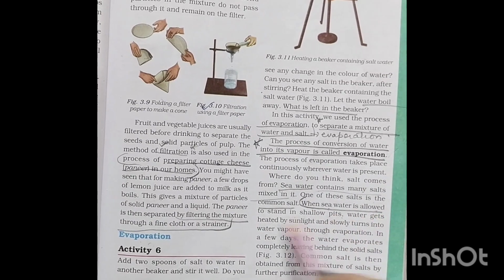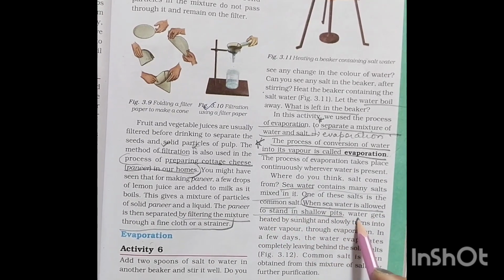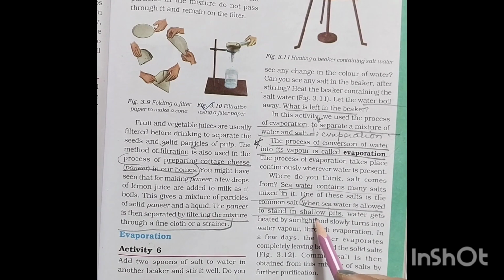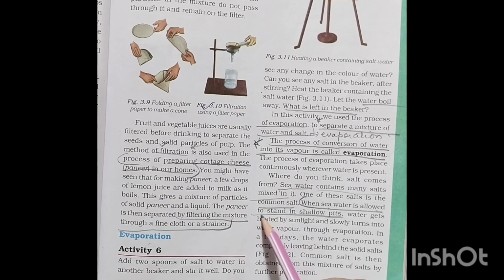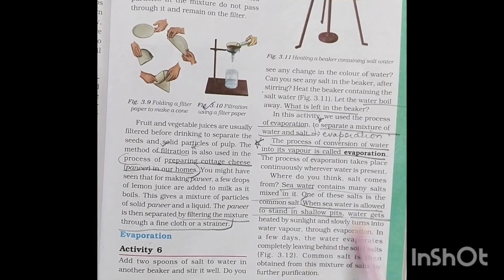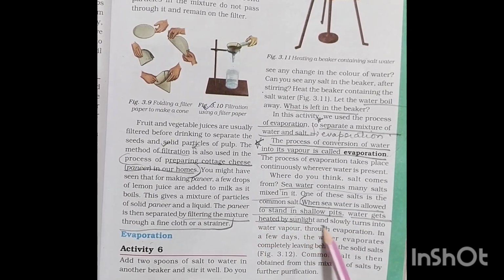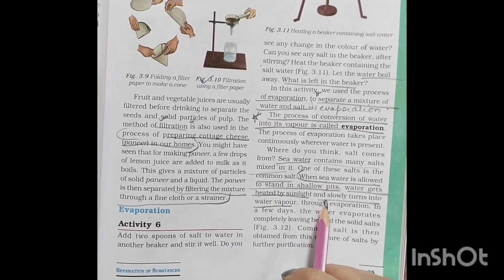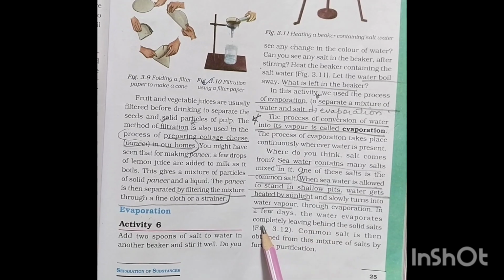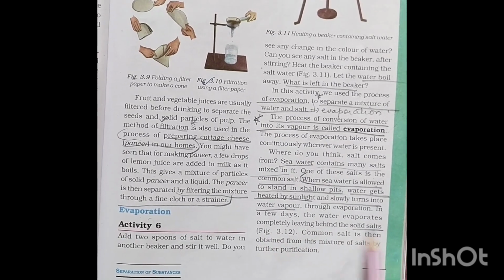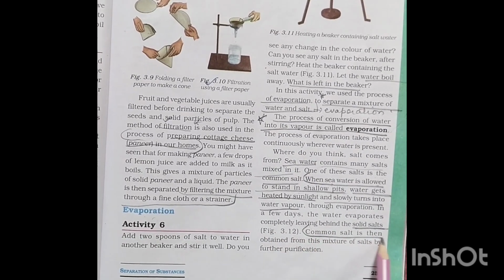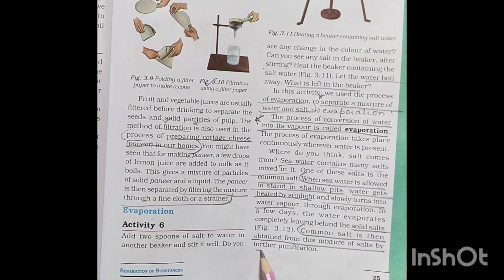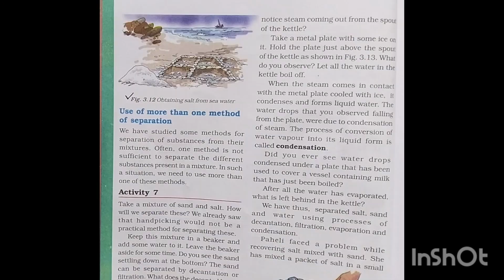When seawater is allowed to stand in shallow pits, shallow means not so deep, the water gets heated by sunlight and slowly turns into water vapor through evaporation. In a few days, the water evaporates completely, leaving behind the solid salts. Common salt is then obtained from the mixture of salts by further purification.